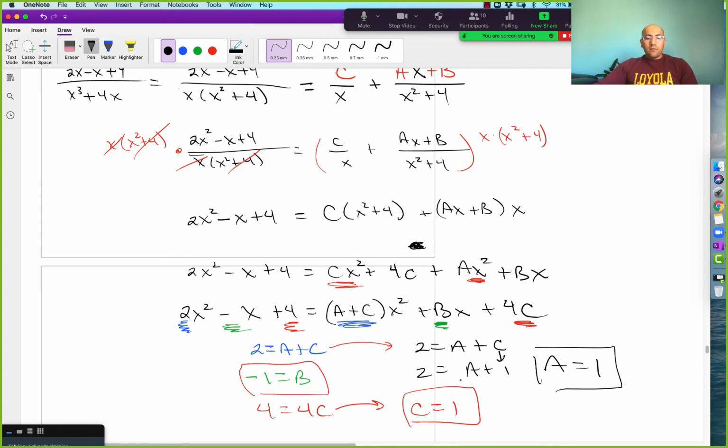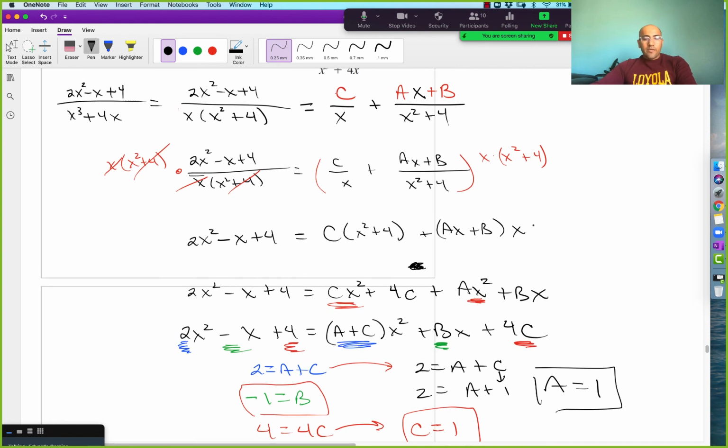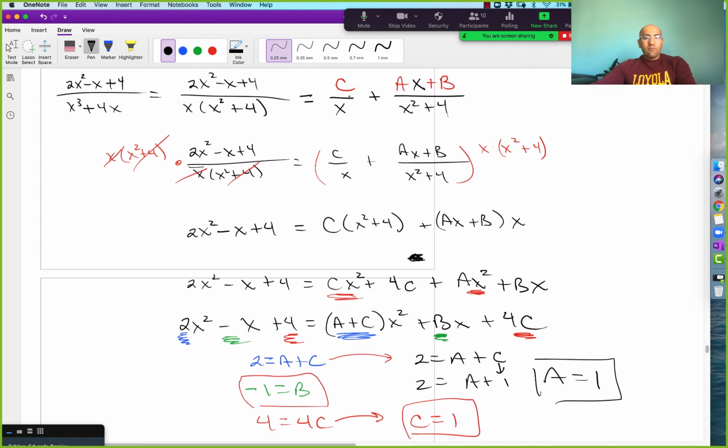So 1, -1, 1. Now we have to be careful about how I resubstitute them in here because of my choice of what the a, the b, and the c are. Being careful, I know that the c was a positive 1 there, the a was a positive 1 there, and that the b was a -1. So 1, 1, -1.